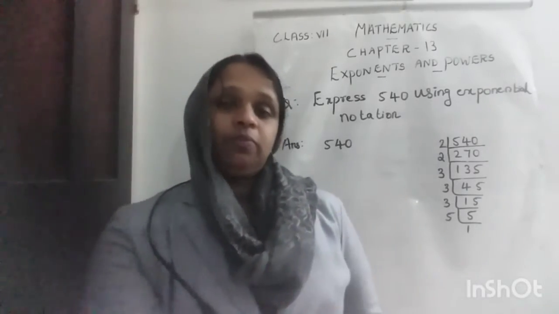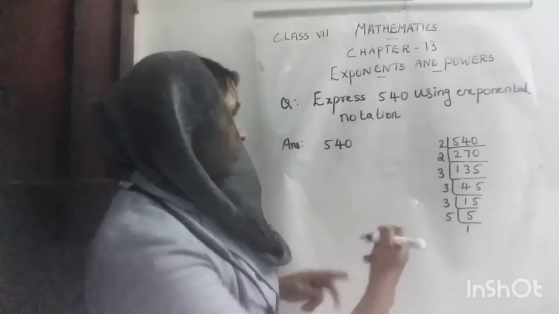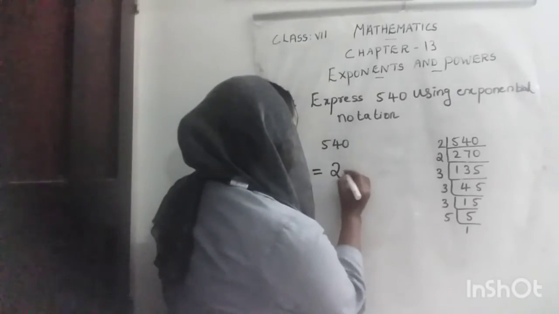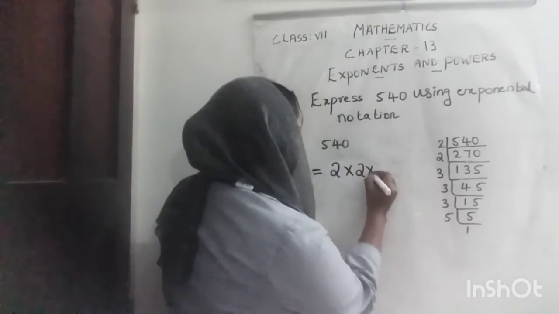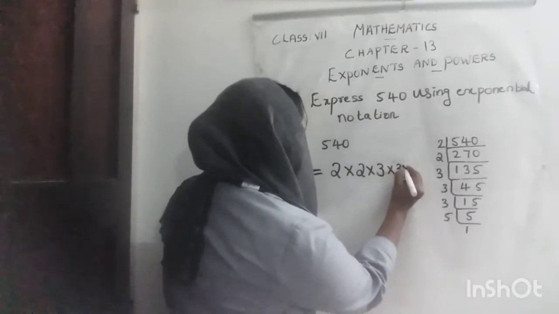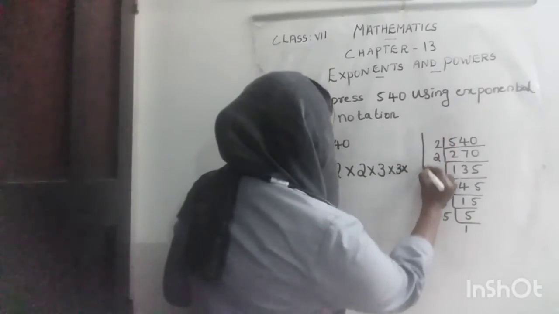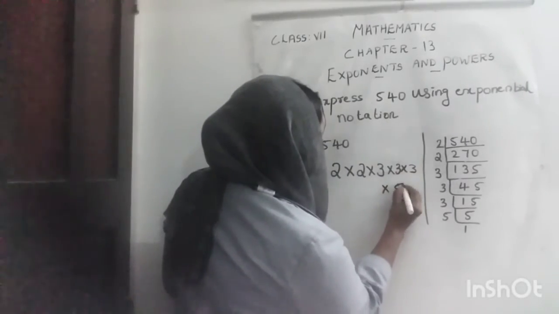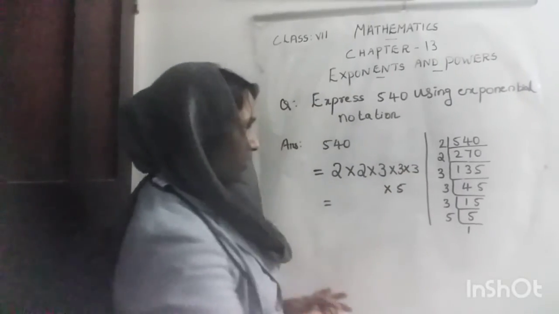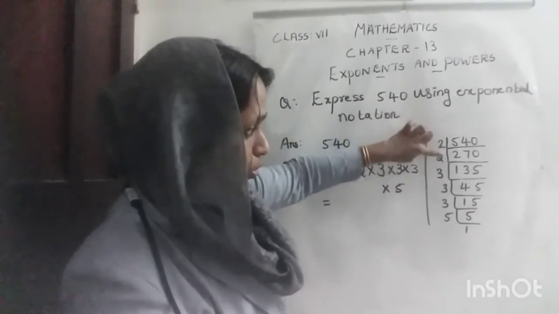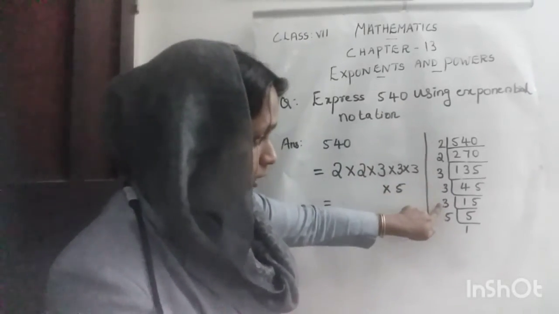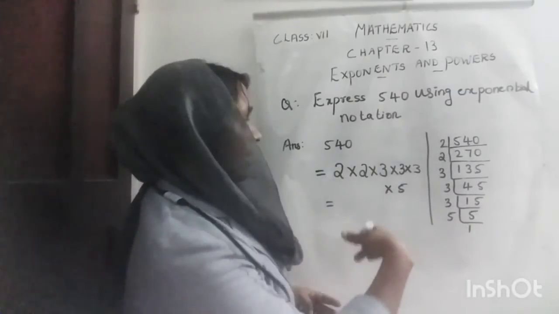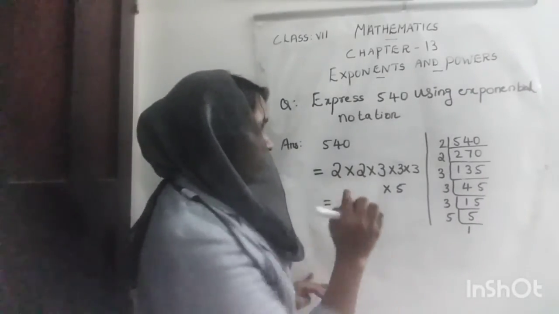So we do the prime factorization, and we can write 540 as 2 into 2 into 3 into 3 into 3 into 5. After that, we know 2 is repeating 2 times.